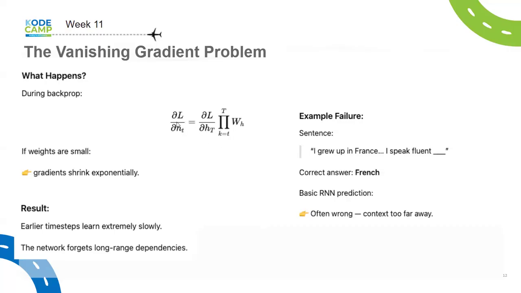Eventually you find that the partial derivative of the cost function with respect to each hidden state, in other words the gradient for a particular time step, is equal to the gradient of some reference time step ahead of that time step, times all the weights in between. That's what this means.